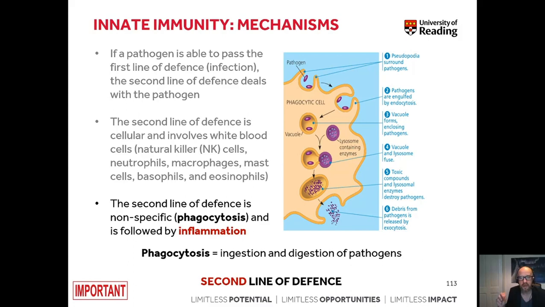The second line of defense is non-specific, relies on phagocytosis and is followed by inflammation. And in this context, phagocytosis is the ingestion and digestion of pathogens.